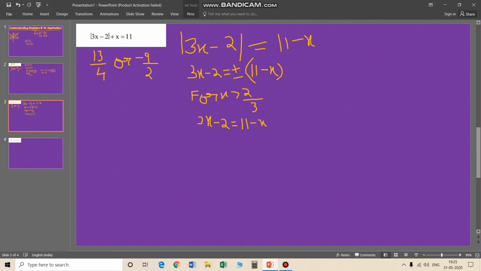Solve the equation. It will come here 4x and here 13. This implies x equals 13 by 4, which is again fairly greater than 2 by 3. So again, no worrying here.